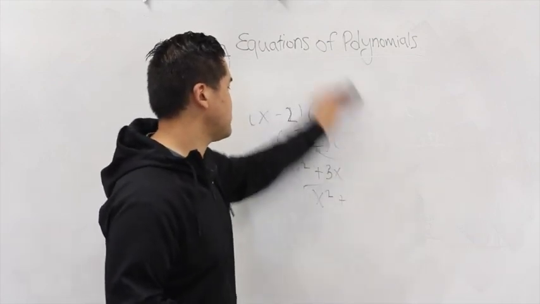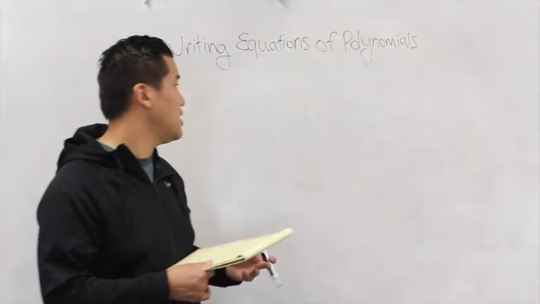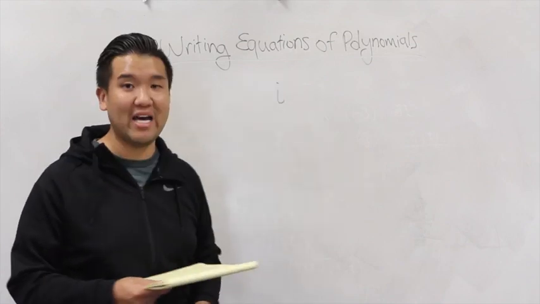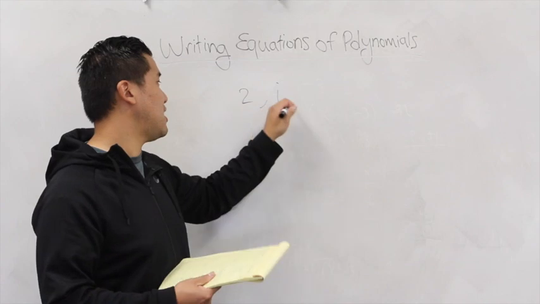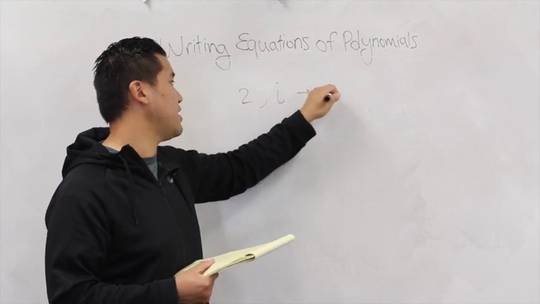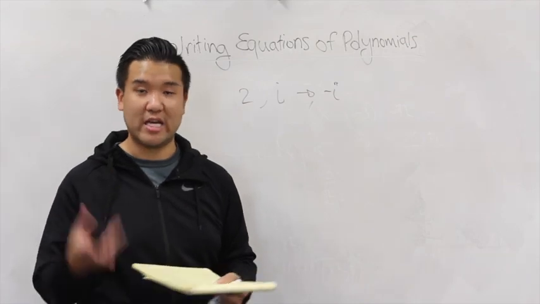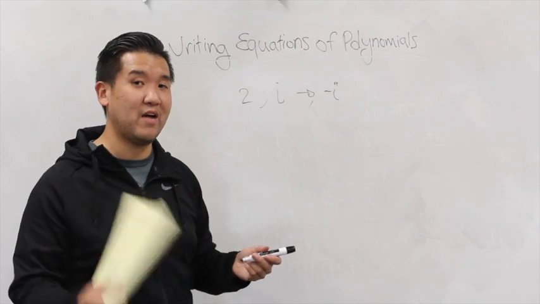All right. There are two other parts regarding writing equations. There is the conjugate. If I give you an x-intercept like 2 and i, because I give you i, you also have to know that negative i is also an x-intercept. They come in pairs, so if I give you anything with i, you have to give me the negative i.